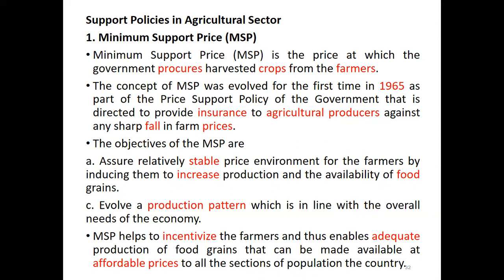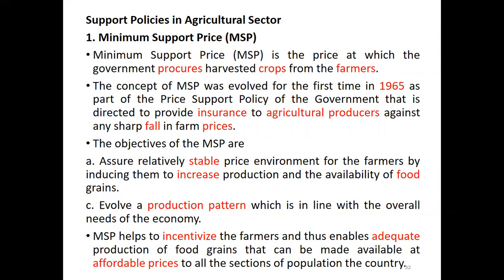Okay, and the list of products with minimum support prices is around 24 to 36. So for this many products, the government has already decided the price.